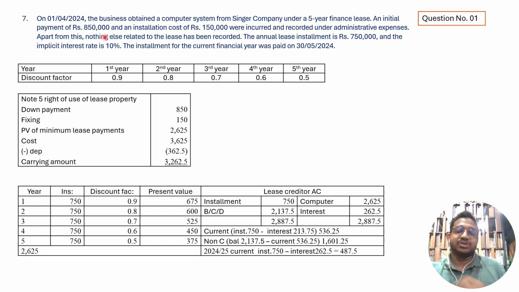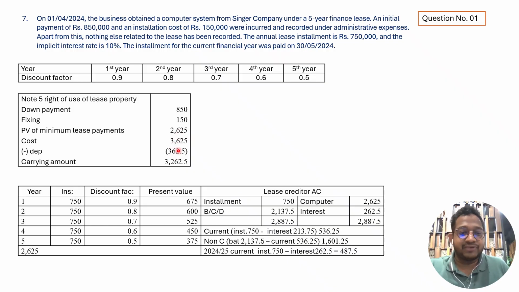So you have to exclude those from admin expenses, and then you should add those two under right of use of lease property when you are finding the cost of the lease property, right? And the lease installment is given over there, 750,000 per year, and the discount factor is given. So after multiplying by those discount factors, you can find out the present value, and the total of the present value you should add to the cost of the lease property.